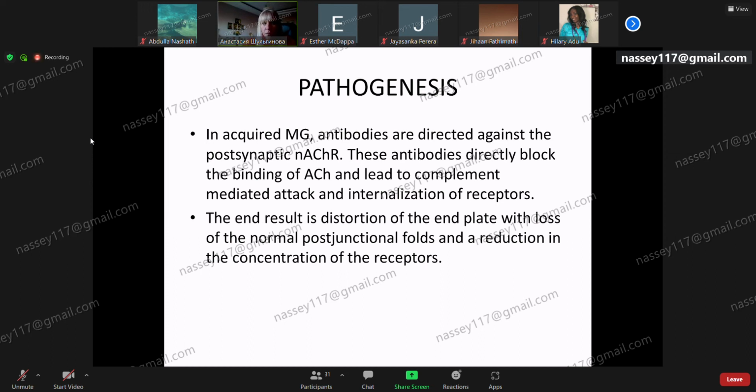The end result is simplification of the end plate with loss of normal junctional folds and a reduction in the concentration of the receptors. I hope it's understandable for everybody, yes.